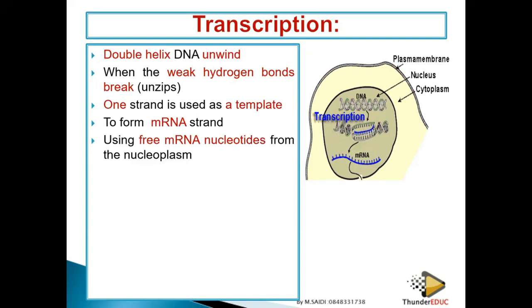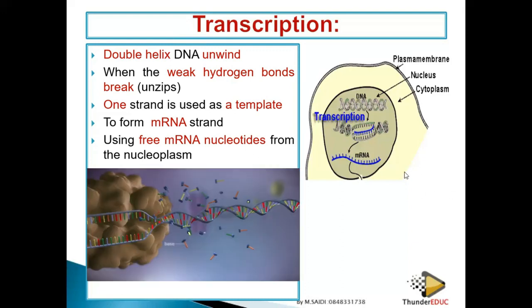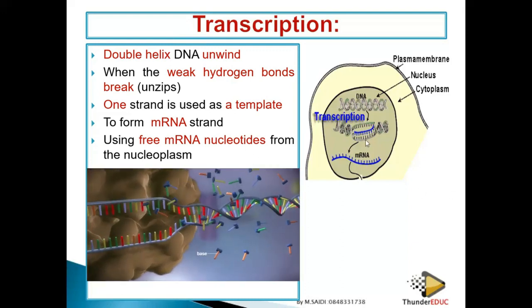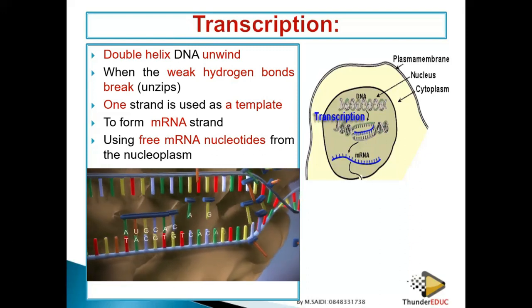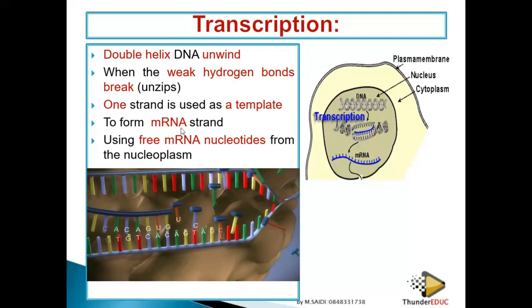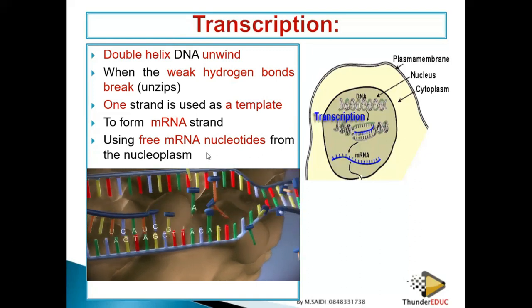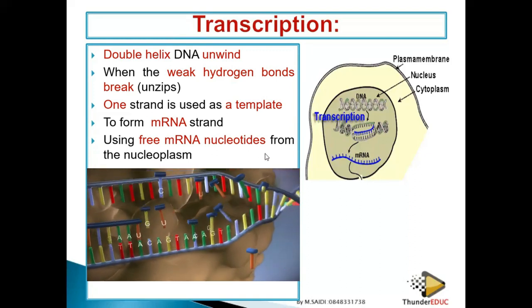It uses free-floating nucleotides. When you say this, you are supposed to specify, because in the nucleus, there are free-floating nucleotides of DNA and free-floating nucleotides of messenger RNA. So you have to be specific when you come to this. You have to say free messenger RNA nucleotides.